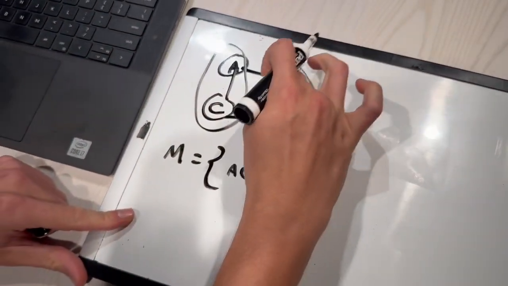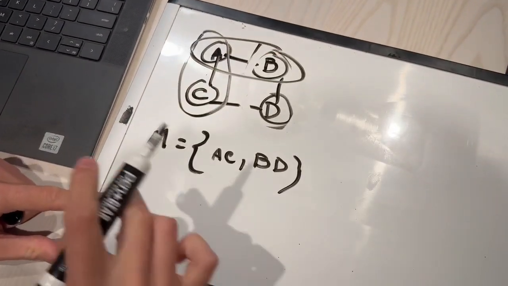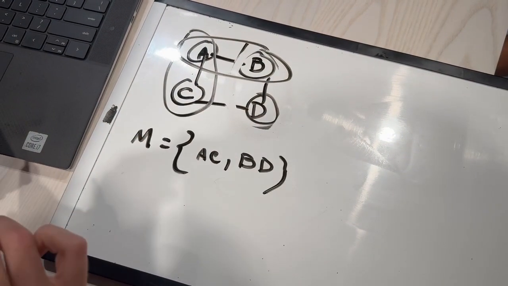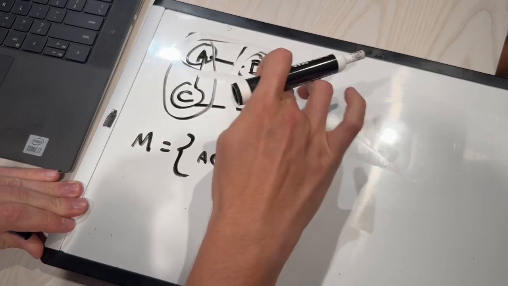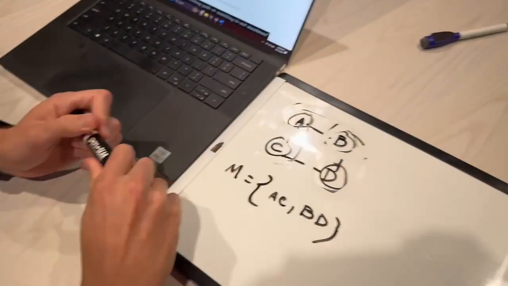Now, this set here is not a matching because these two edges share the node A, so that is not a valid matching.